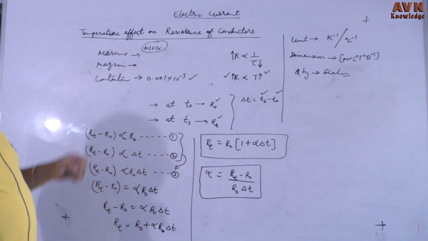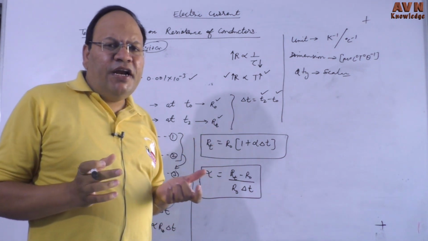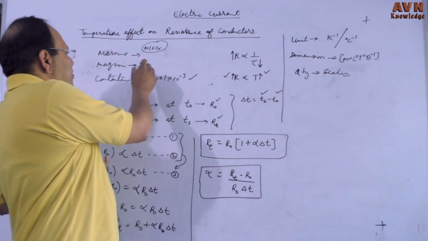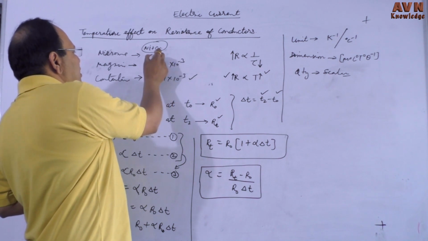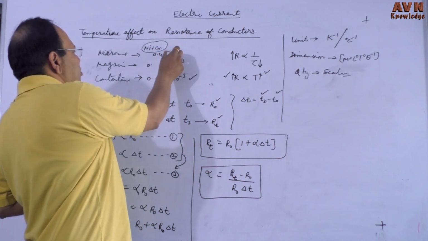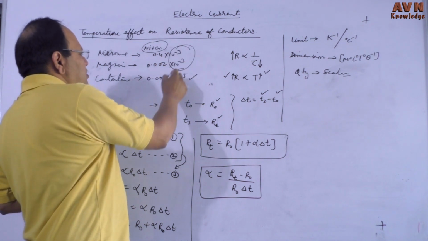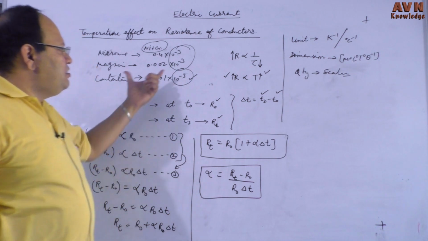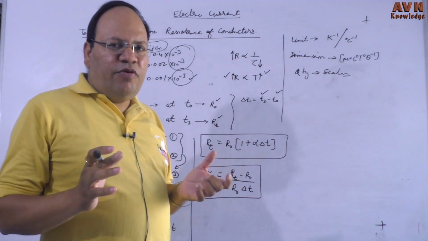Constantan is an alloy of copper and zinc. And manganese is also of the order of 10 raised to the power minus 3. Nichrome is 0.4 into 10 raised to the power minus 3. So for these alloys, alpha is of the order of 10 raised to the power minus 3 per degree centigrade.